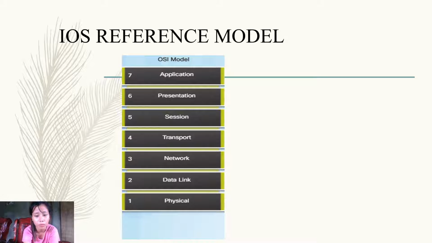The presentation layer provides for common representation of the data transferred between application layer services. The session layer provides service to the presentation layer to organize its dialogue and manage data exchange. And so on for the transport, network, data link, and physical.